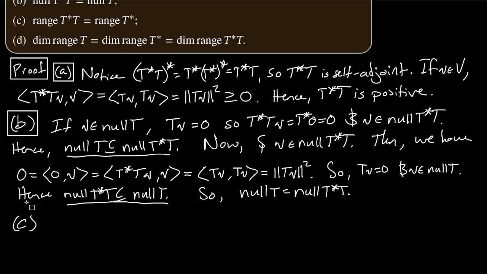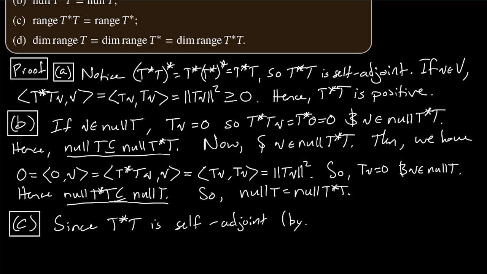Let's show that the range of T star T is equal to the range of T star. So let's just do it. Since T star T is self-adjoint by part A, we showed this already, we can use our formula for the range of a self-adjoint operator.